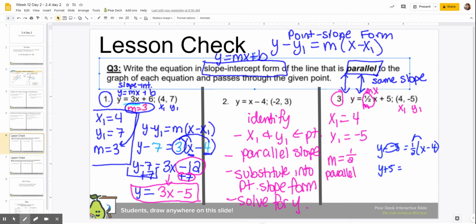And then remember, you always distribute your slope. 1/2 times x is just 1/2 x. 1/2 times -4 is going to be -2. Remember that 1 times 4 is 4. Divide that by 2, and you get -2. And then we subtract whatever constant is behind the y. So I'm going to subtract 5. So y equals 1/2 x. And then -2 and -5 is -7. Okay.